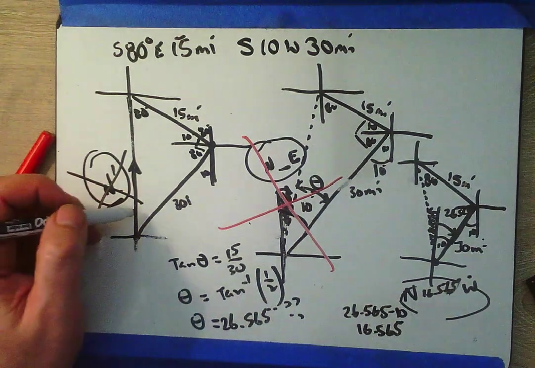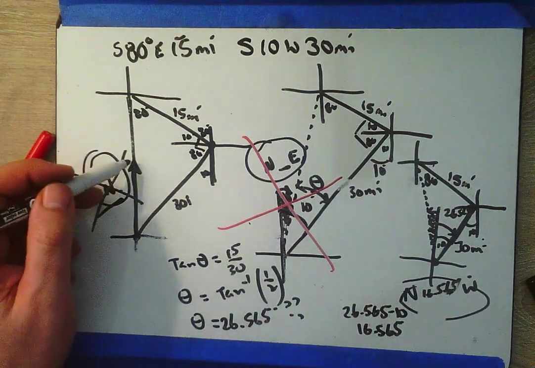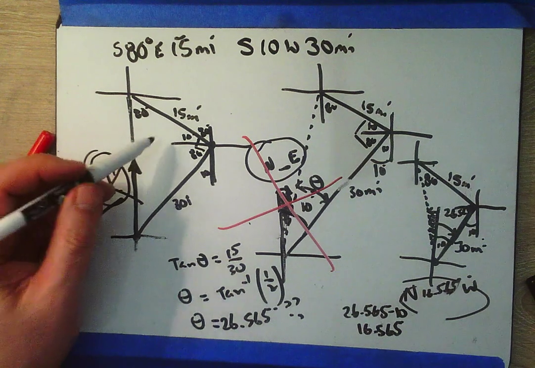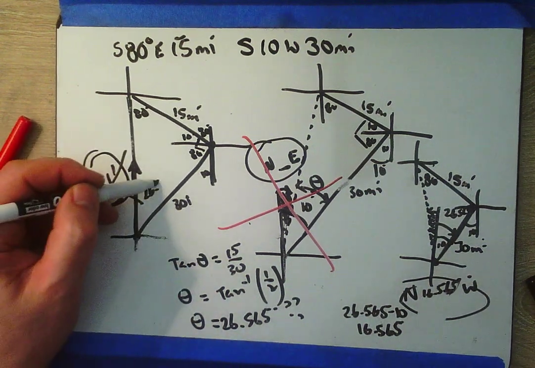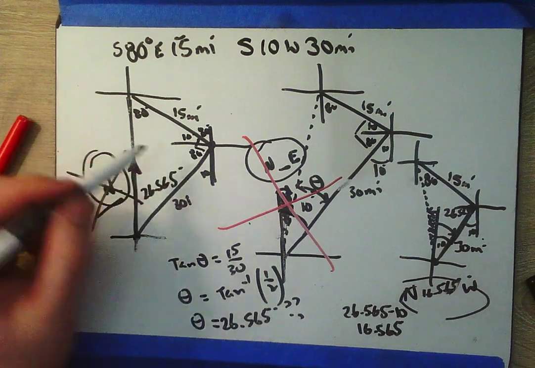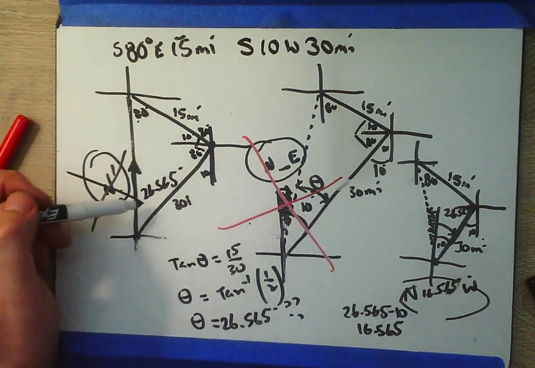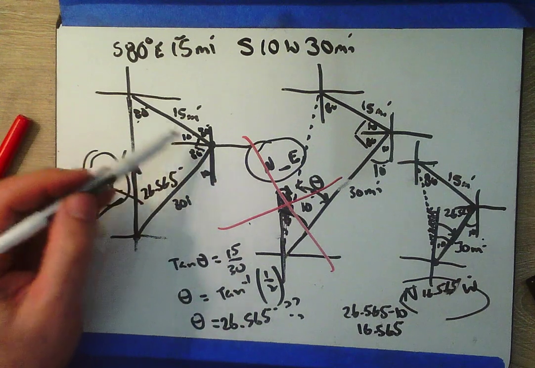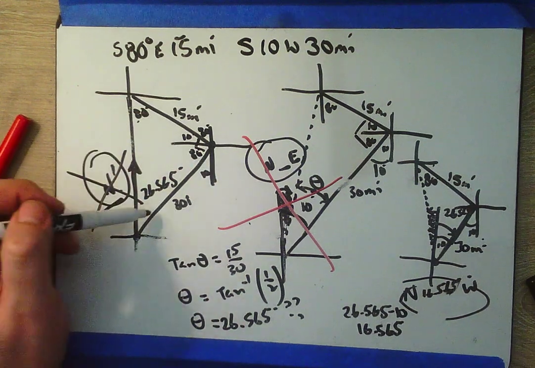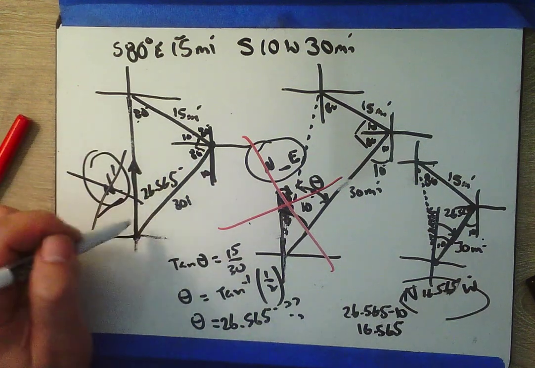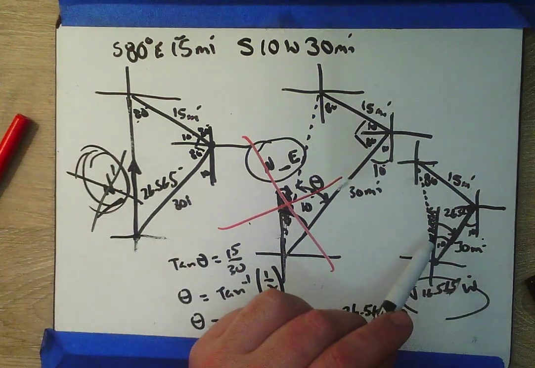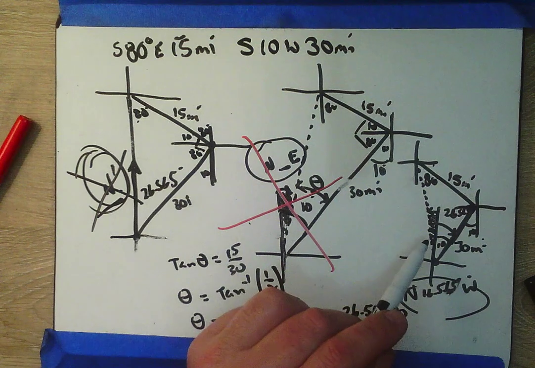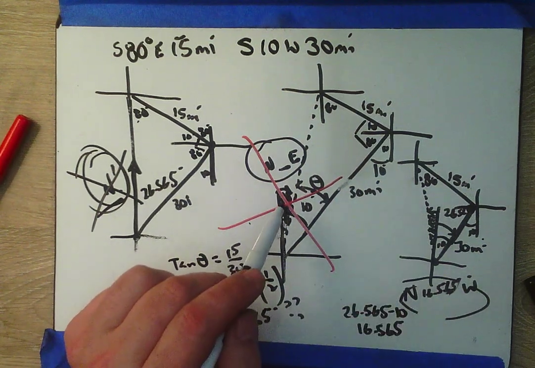You might be wondering how we could know it wasn't this one, because that seemed awfully enticing. If we do the inverse tangent thing, remember our theta was 26.565 degrees. This is 90, this is 80, this is 26. 90 plus 80 plus 26, no, that's not a triangle, so this won't be our choice. This ended up being our choice in this problem, but sometimes this will be the choice.